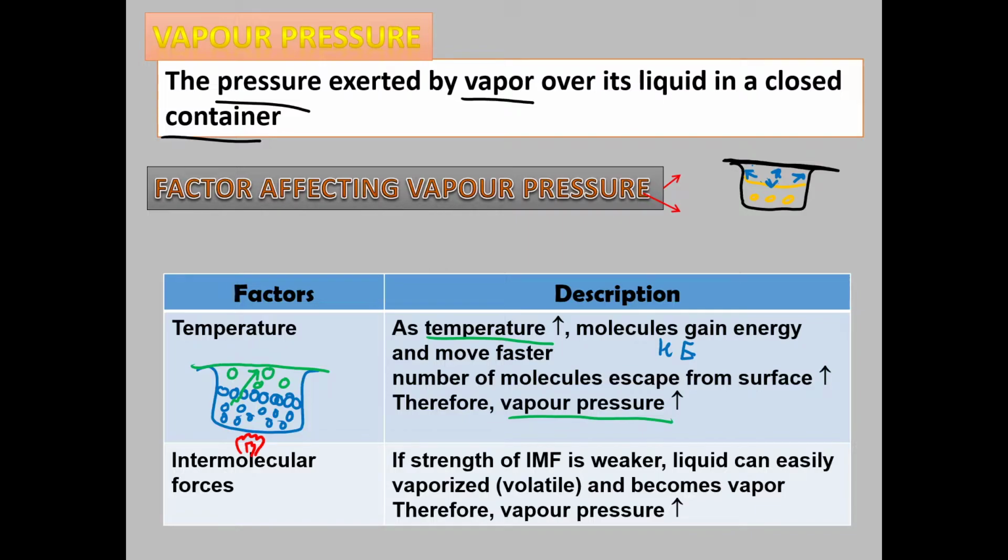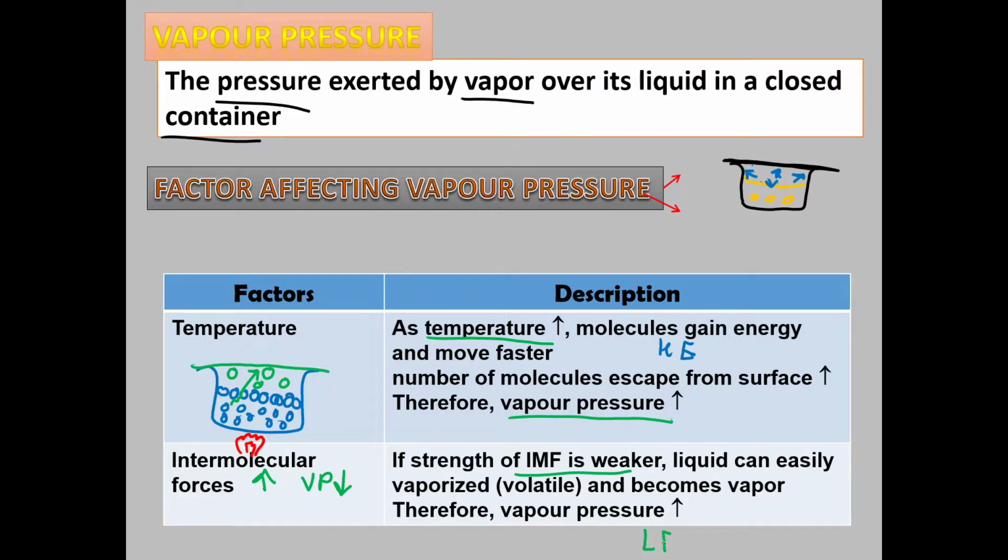Another factor instead of temperature is the intermolecular forces. The stronger the intermolecular forces, we will have less vapor pressure. Okay. That's why kalau it is weaker, okay, kalau intermolecular forces dia weak, contoh example, I give London forces.